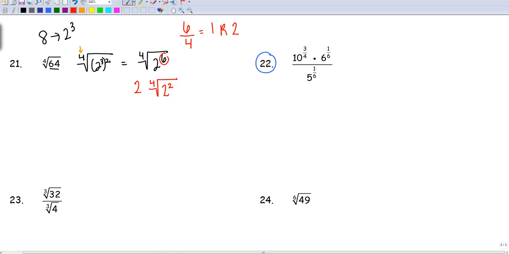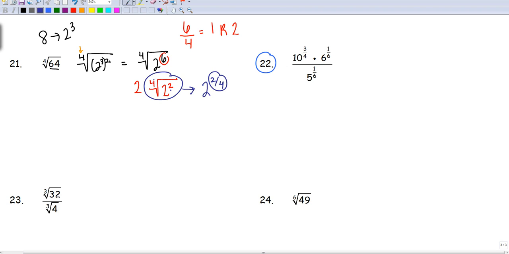But if that isn't tricky enough, this problem has one more part about it. I want you to look at this. If you were to rewrite that in exponent form, it would be 2 to the exponent over index, 2/4 power. I don't know about you, but in my class and in every math class you've ever taken, it is never appropriate to leave something as 2/4.